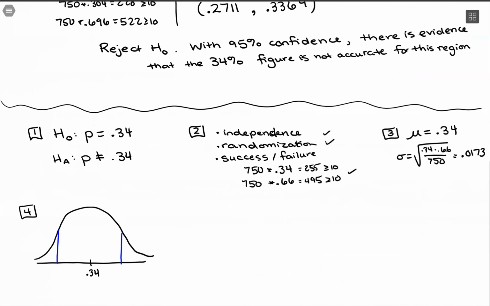So 0.304 or 30.4% is on this lower end. So what we're going to end up doing is in GeoGebra, we'll find this area to the left and double it, so that then that'll bring through this area that's also to the right-hand side. So for p-value, I'm going to take 2 times the area to the left of that 0.304.